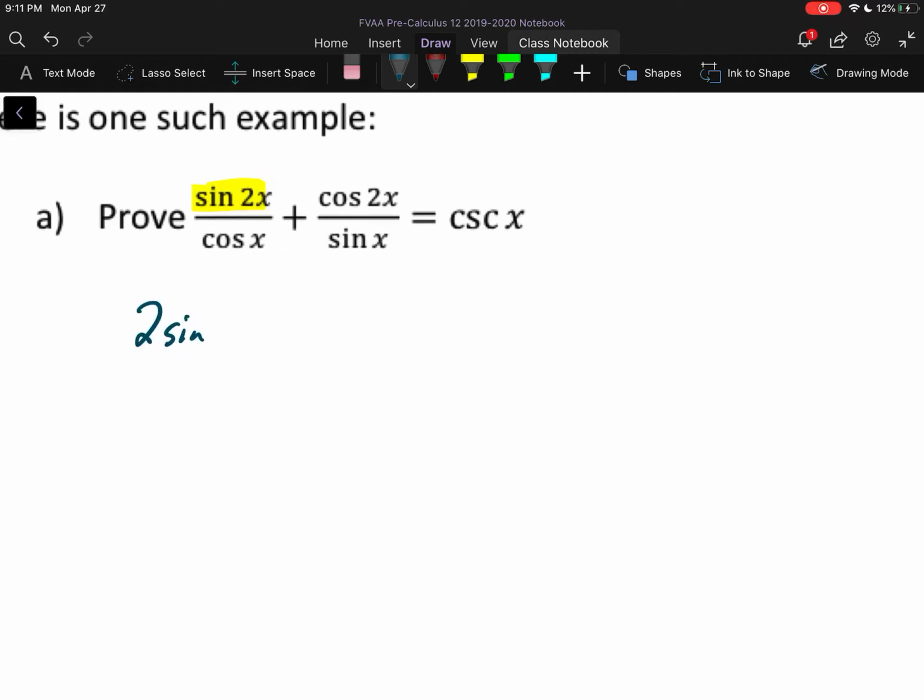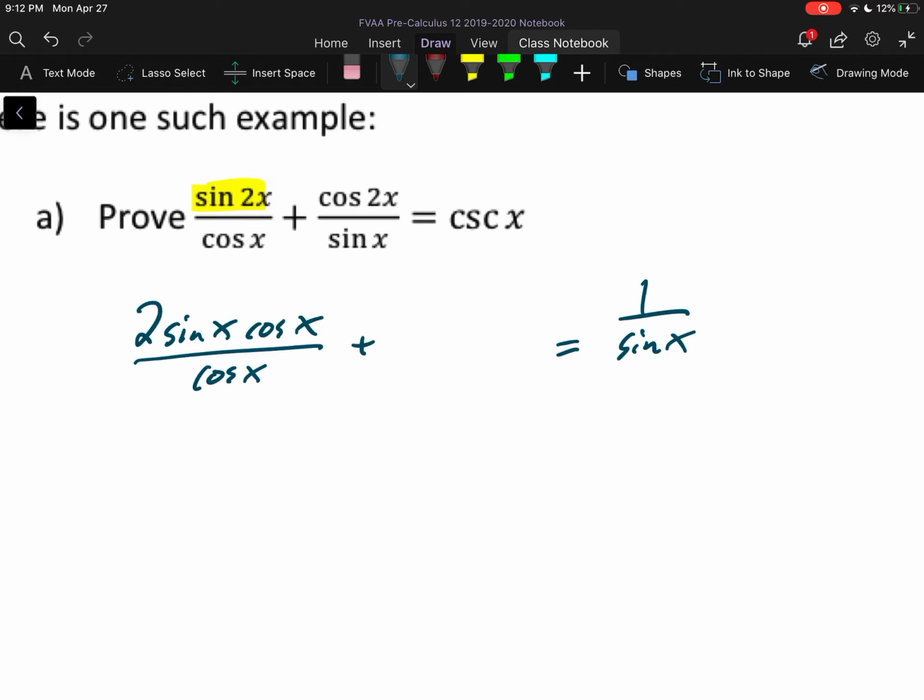Into 2 sine x cos x over cos x plus, then we'll choose something in the middle here, and this is going to be 1 over sine x. Okay, I'm going to change that cosecant to 1 over sine x. And then I have to choose between my three double angle identities here.